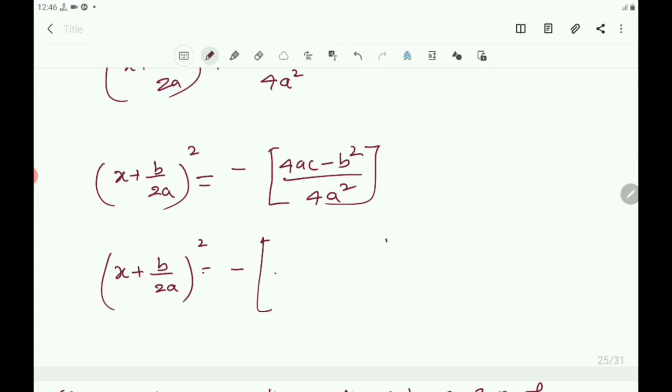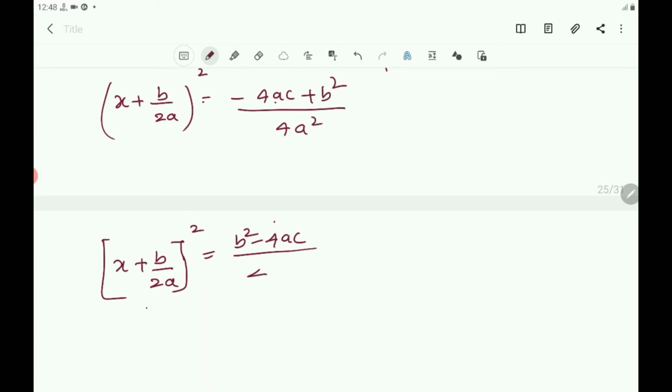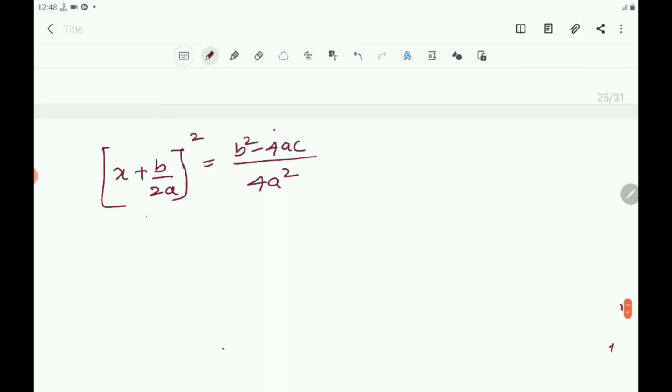If the bracket is opened, that becomes minus 4ac plus b square by 4a square. Then x plus b by 2a whole square equals b square minus 4ac by 4a square.